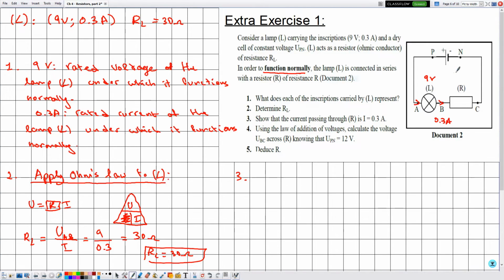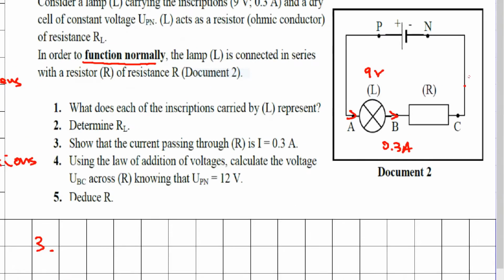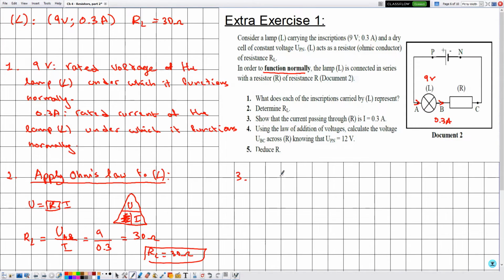Now in number 3, they are telling me show that the current passing through R is I is equal to 0.3 amperes. So notice that here, because the lamp L is functioning normally, the traversing current is 0.3 amperes, and because the resistor and the lamp are in series, they are traversed by the same current, which is 0.3 amperes.